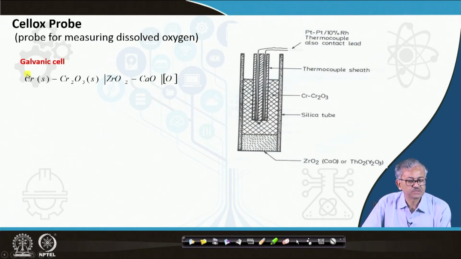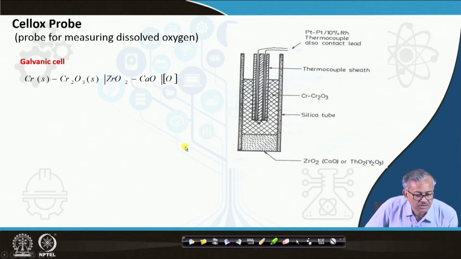So you can find there is chromium solid forming the chromium oxide solid. Then the electrolyte is the calcium stabilized zirconia. This is the solid electrolyte, and the other electrode is basically the dissolved oxygen in the bath.